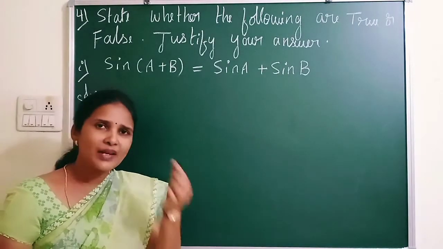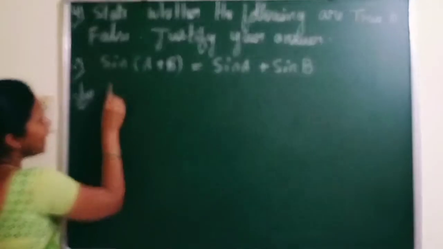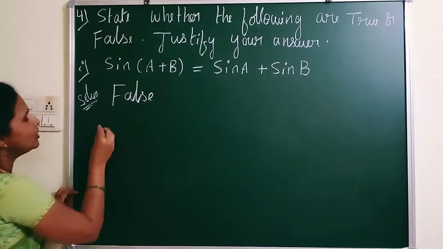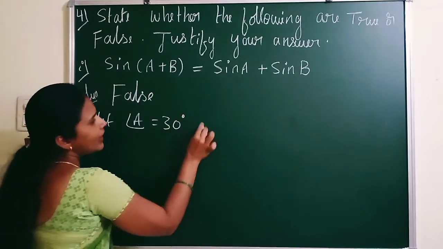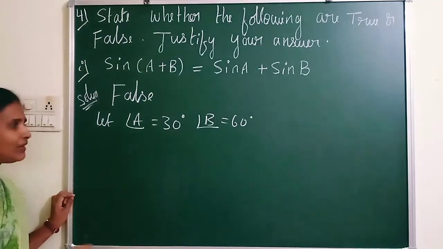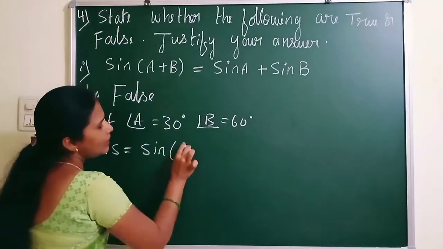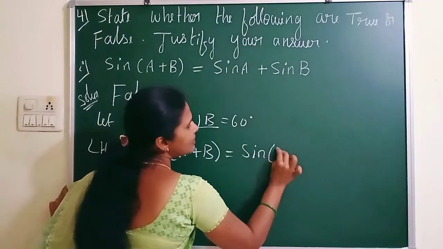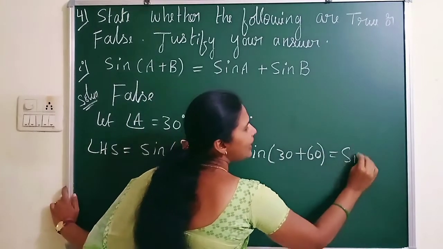Now let us give one example so that we can show it is false. Actually the answer is false. How is it false? Let me explain. Let us consider angle A as 30 and angle B as 60 degree. Now let us take LHS. LHS equals sin(A + B), that is sin(30 + 60), that is sin 90.